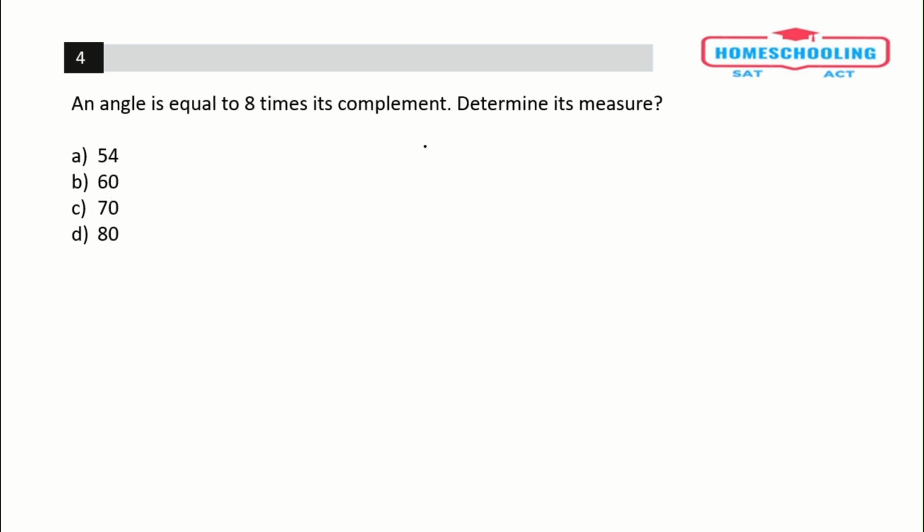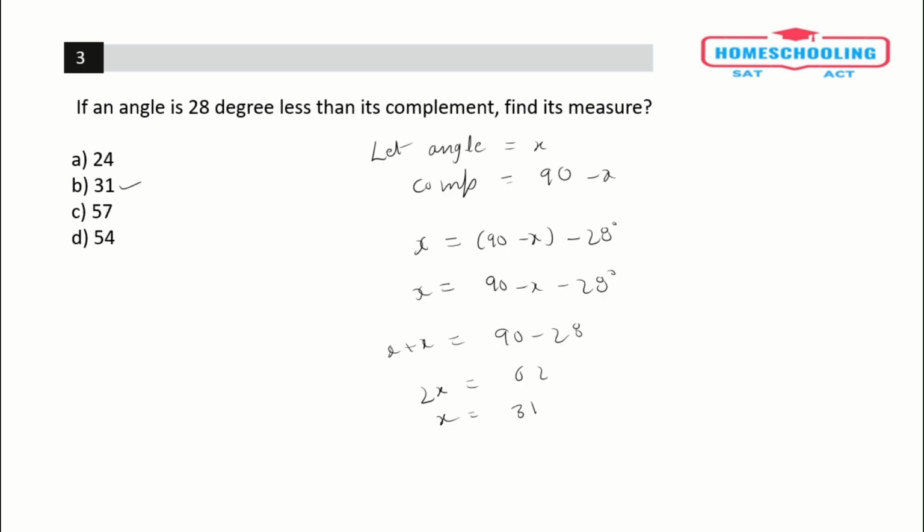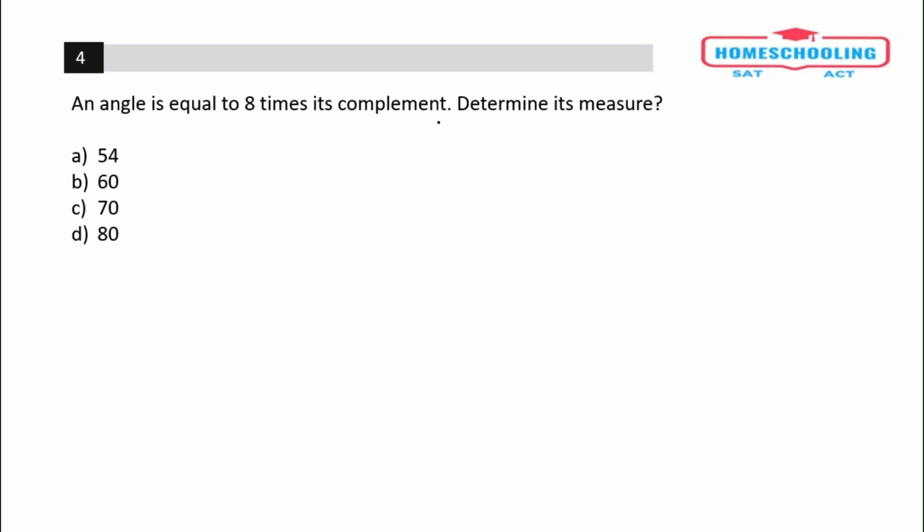Next question. An angle is equal to 8 times its complement. Determine its measure. So the angle is x, its complement is 90 minus x. So x is 8 times its complement, and the complement is 90 minus x.